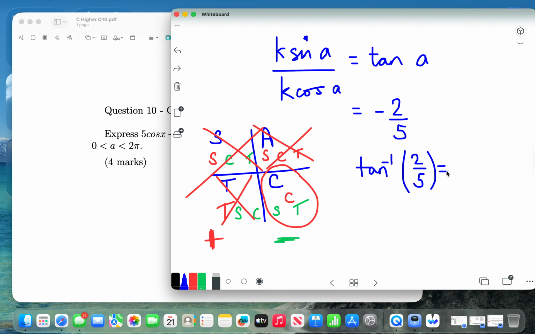You take the positive value, plug that in, and you get 0.380506 radians. So you never put in the negative. You make sure you have the positive of this number, of the minus 2/5, and you then choose the correct quadrant.